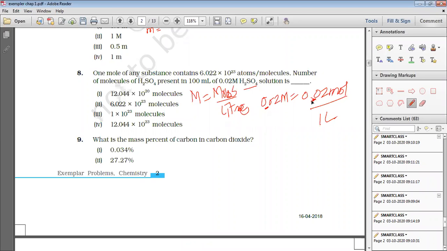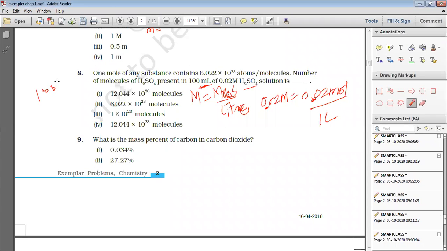But instead of 1 liter, here we have only 100 ml. So in 100 ml, this value would be decreased. So in 100 ml, we have 0.002 moles.